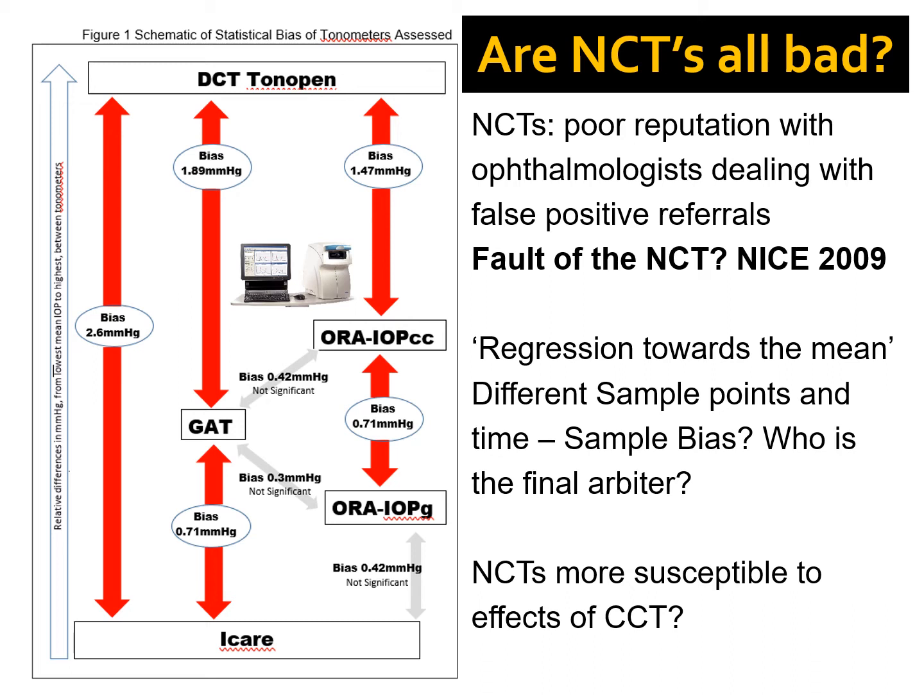And now the NCT, the only one we did there, the Aura, actually agrees with GAT. There was no statistical difference between the readings of Aura and the readings of GAT. So they agree. And this was a lot of patients, 150 odd patients or something that we compared with. So they agree.